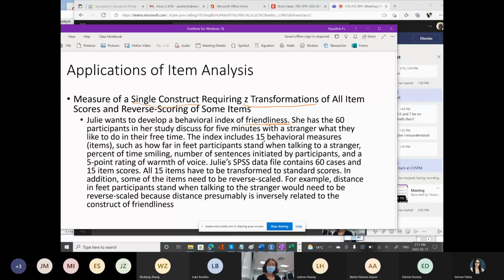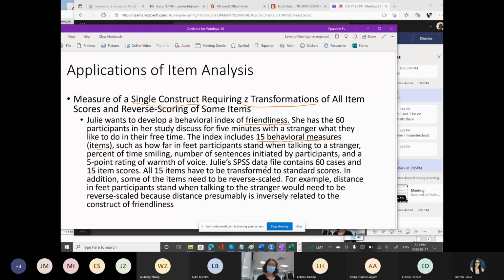The index includes 15 behavioral measures. Those measures are also called items, such as how far in feet participants stand when talking to a stranger, percent of time smiling, number of sentences initiated by participants, and a 5-point rating of warmth of voice.